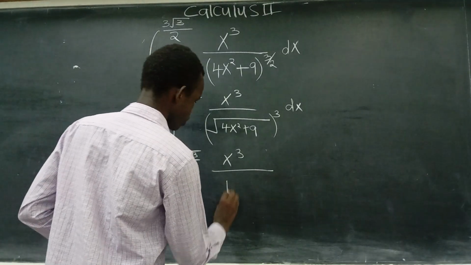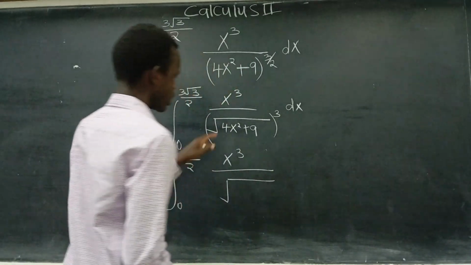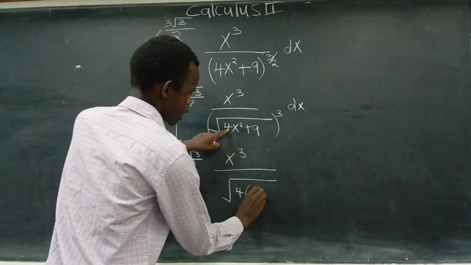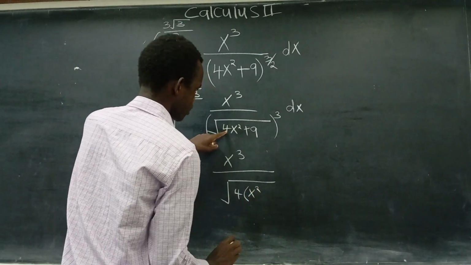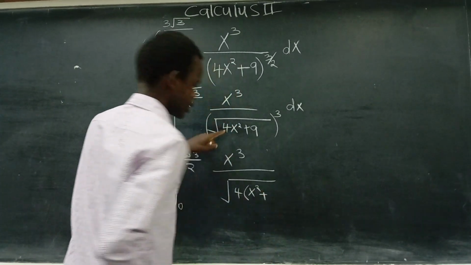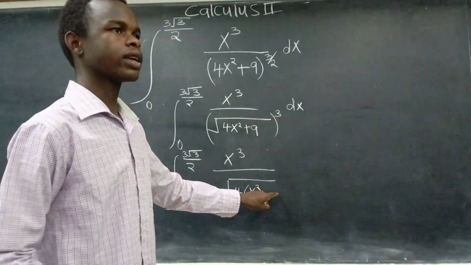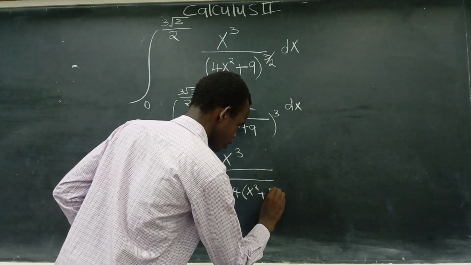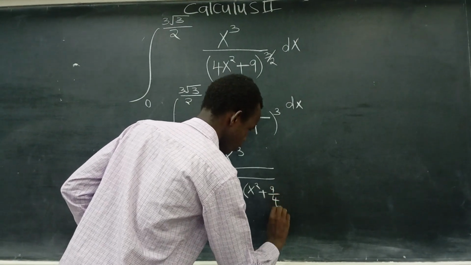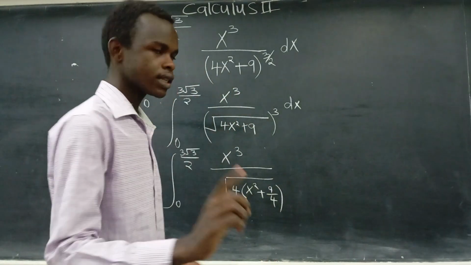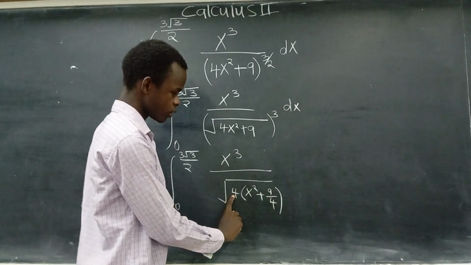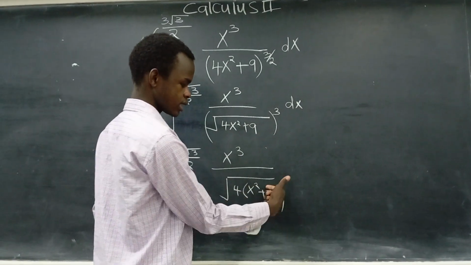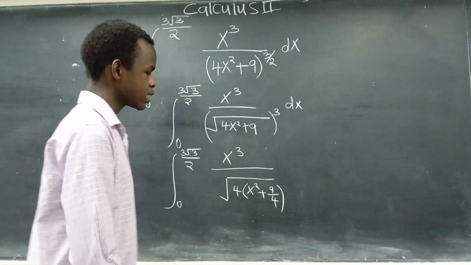So we'll say the square root of, I'll factor out my 4, I'll get 4 times x squared plus, so what will I write here? I'll write 9 over 4, such that when I multiply 4 by this, I get 4x squared, and 4 multiplied by 9 over 4 gives 36 over 4. It's just the same as 9, right?